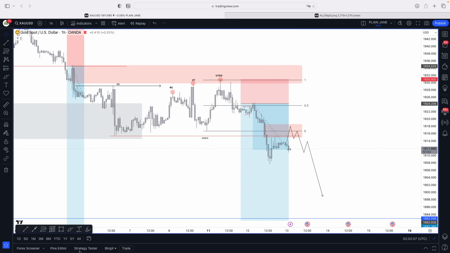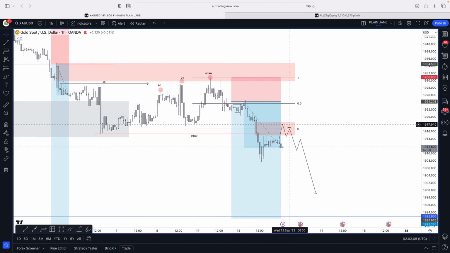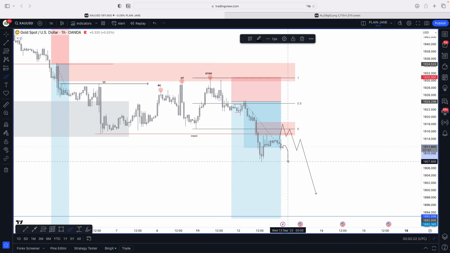So currently, when you have CPI data, you have a lot of manipulation come in before CPI, or even around the pre-CPI news. So what I'm initially expecting is price to potentially push down, maybe wick out this low, and then push back above.